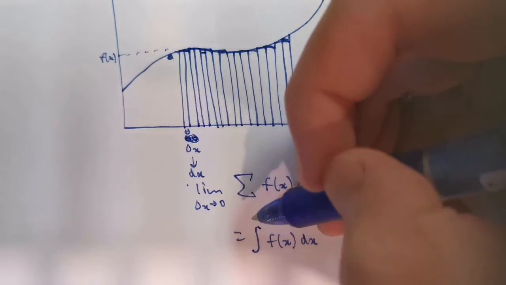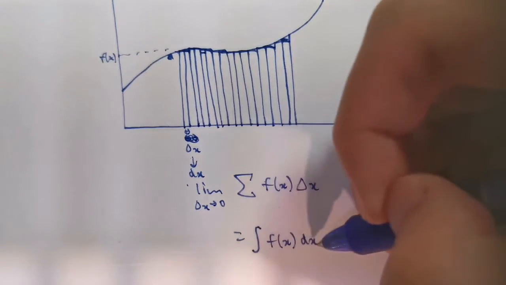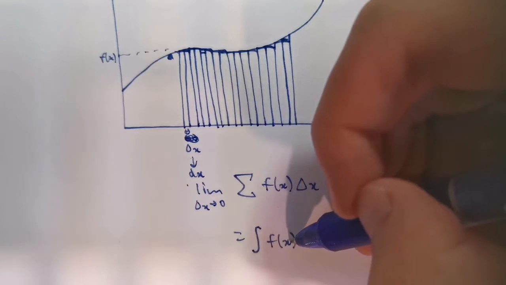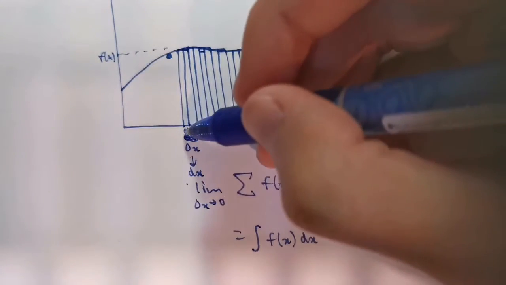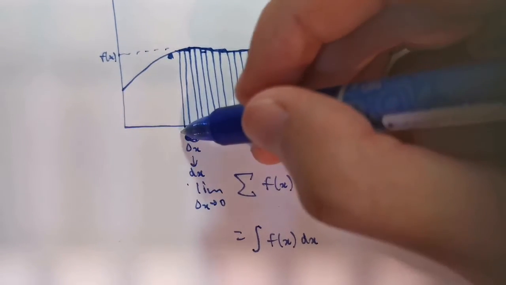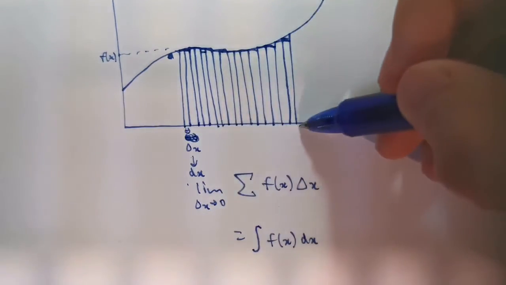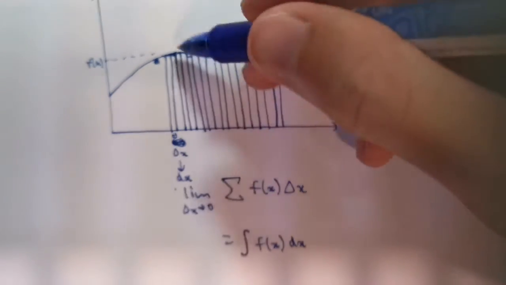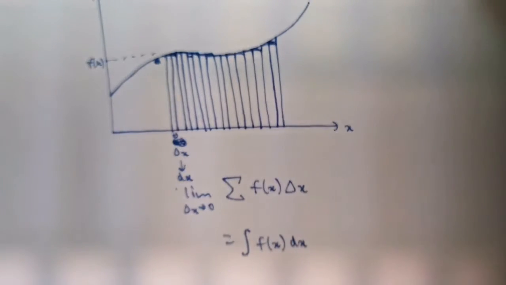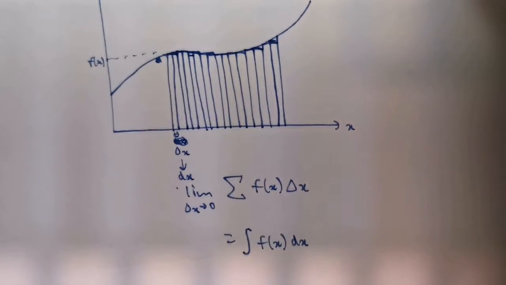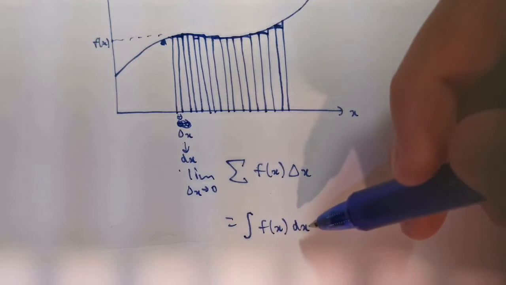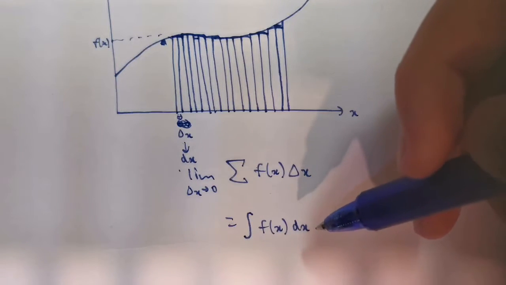It's just a fancy symbol for summation. So it's a summation of f(x) times dx over all the values of x within this range. So this is how you derive the expression for integration.